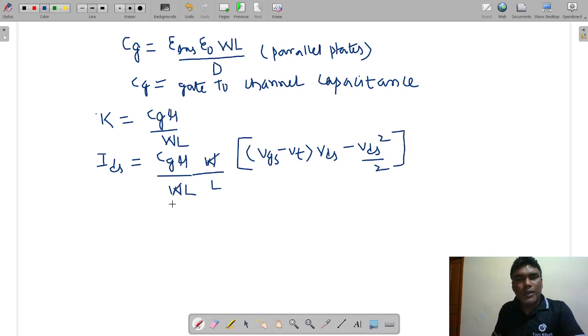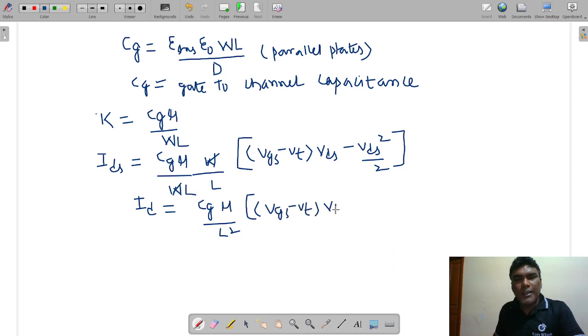Now W will cancel out. Then IDS in terms of CG into mu by L square and VGS minus VT.